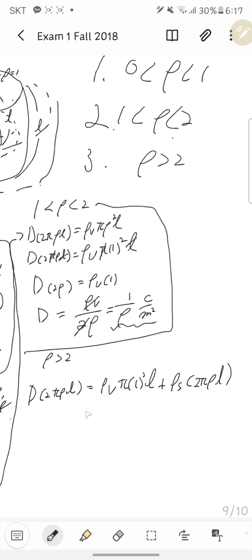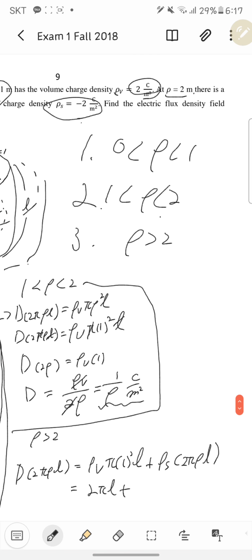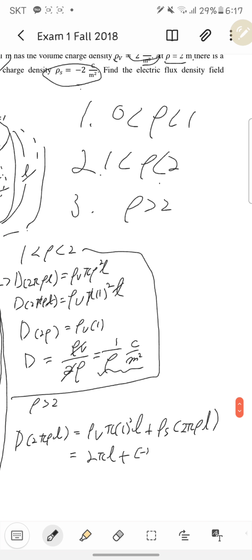You just put the numbers in. 2 pi L plus the surface charge density, which is right there, -2, times 2 pi. In this case, rho equals 2. So 2.